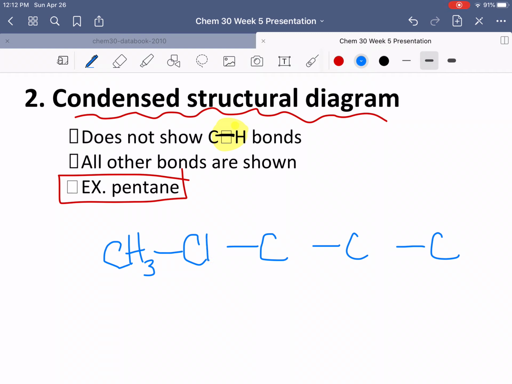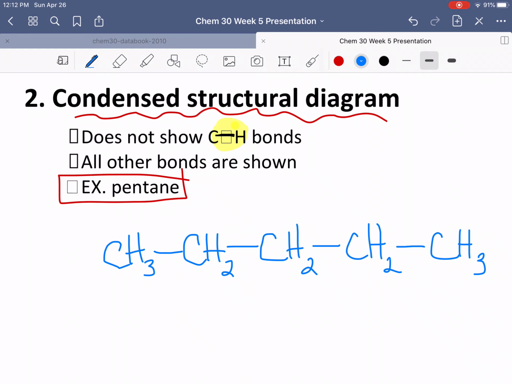So to get up to 4, we add 2 hydrogens. Third carbon bonded twice on either side. Add 2 hydrogens to get to 4. Fourth carbon, same pattern. Add 2 hydrogens to get to 4. The carbon on the end must bond 4 times. It's only bonded once to the left. I need 3 more hydrogens to make that pentane.